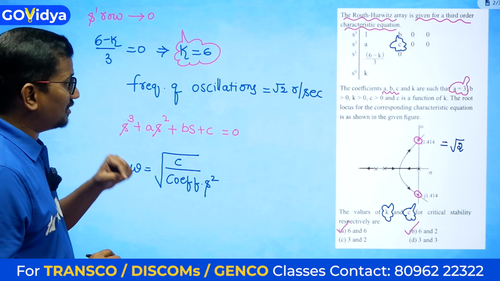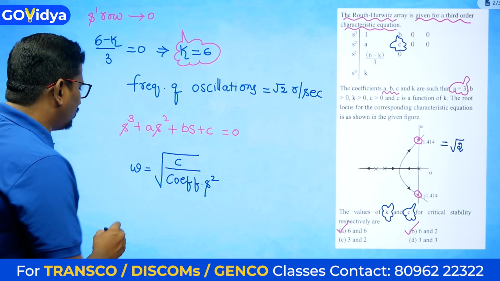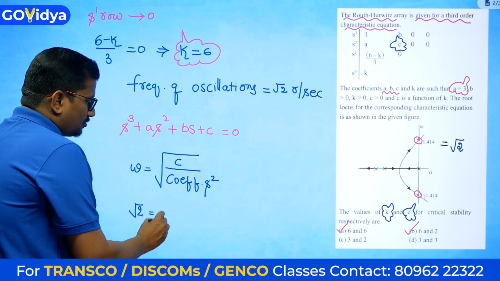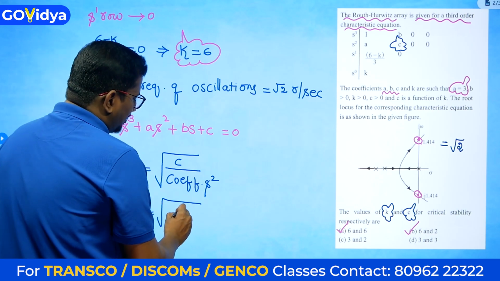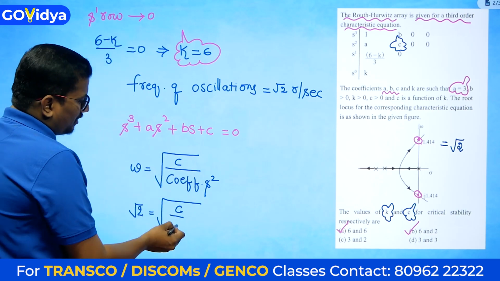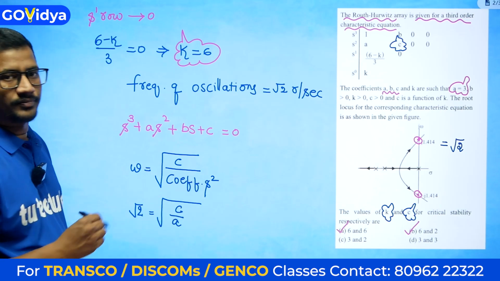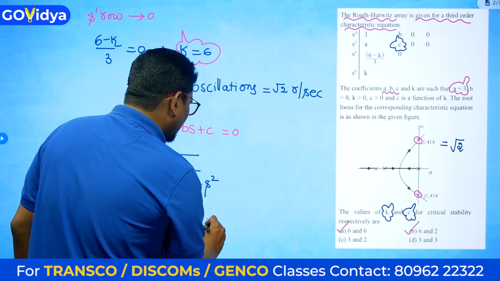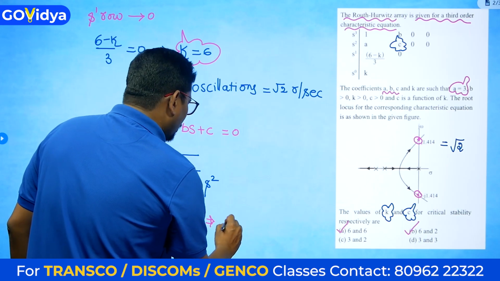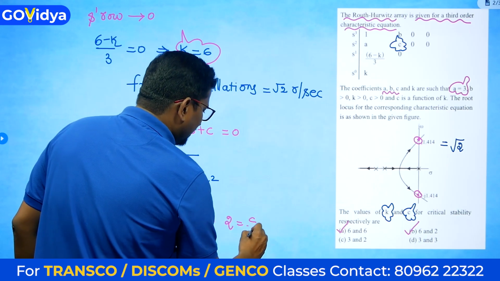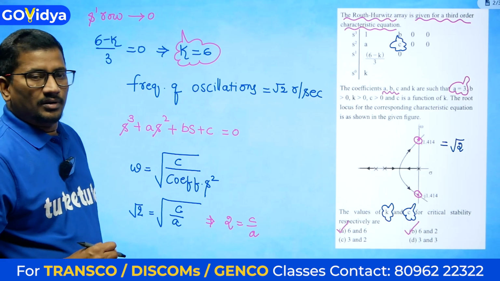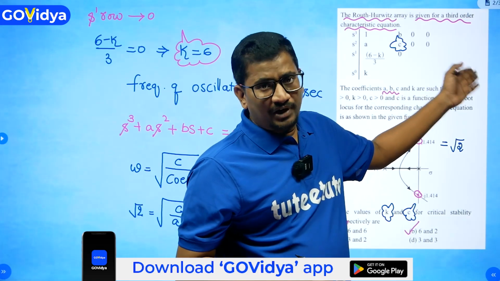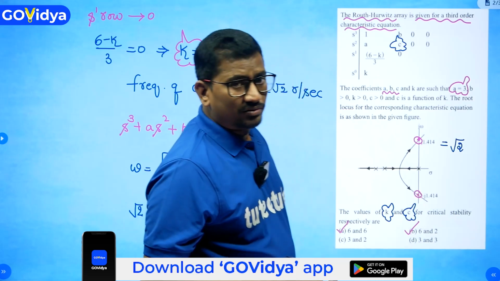So can you tell me what is the omega value? Omega value we got as root 2, which is equal to the square root of c by the coefficient of s square, which is A. Now I can square on both sides, and I get 2 equals c by a. As per the question, they have already mentioned the value of A, which is 3.